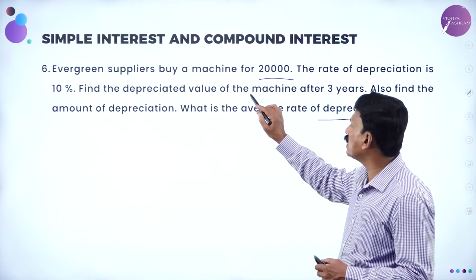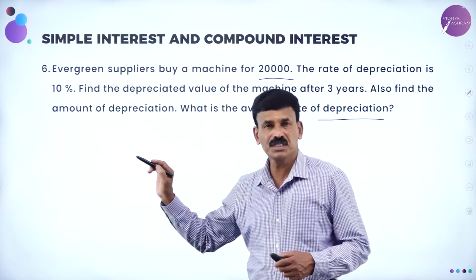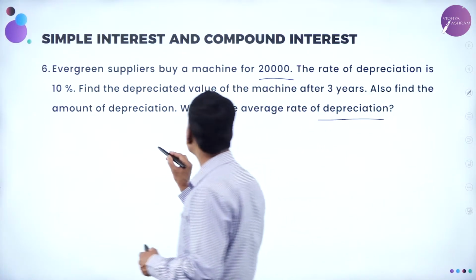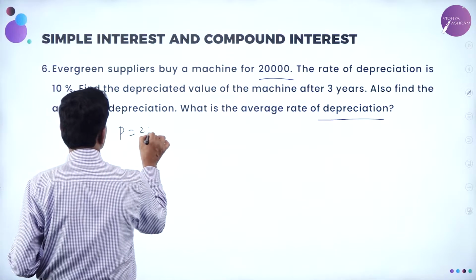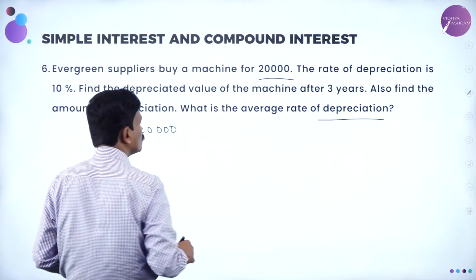Evergreen Supplies buys a machine for, what is the amount here? The principal is equal to 20,000. Given P is equal to 20,000, right?